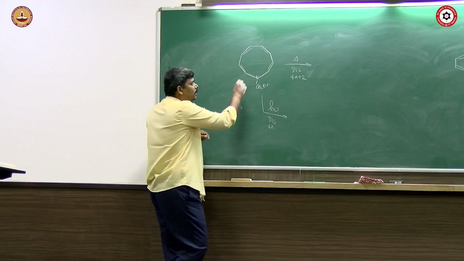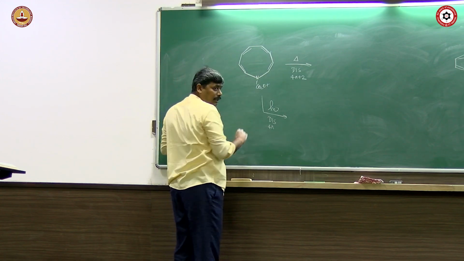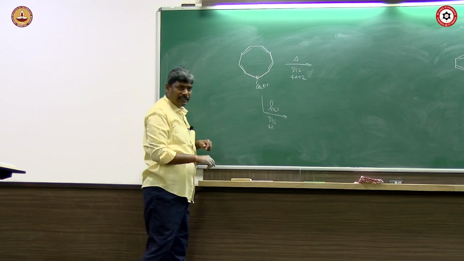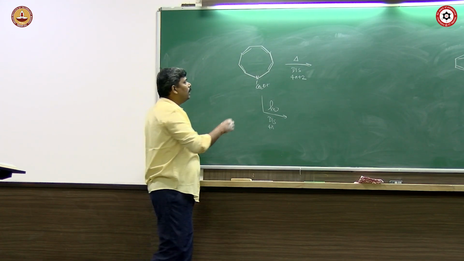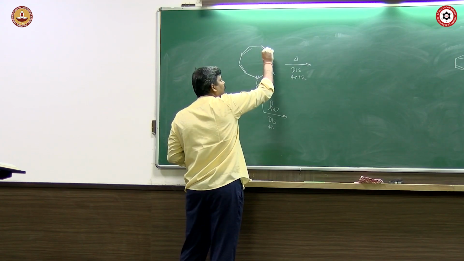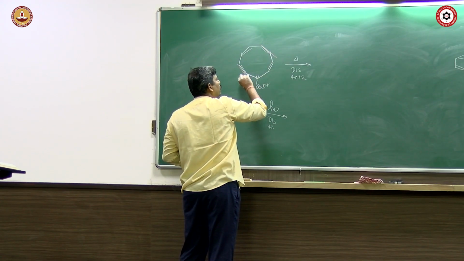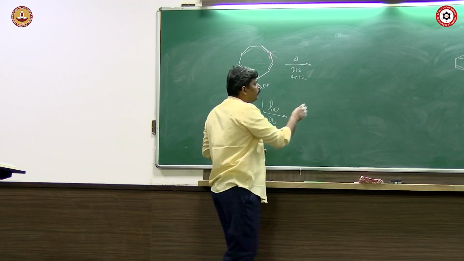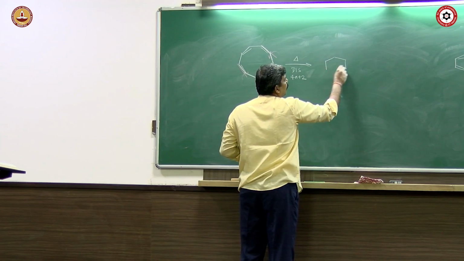Either this carbon and this carbon can connect, or this carbon and this carbon connect, and you will have a 6-member ring. Now let us look at this and this connecting. With this rotation, this can go up and this can come up. I can have a product which is a dihydroindole type.